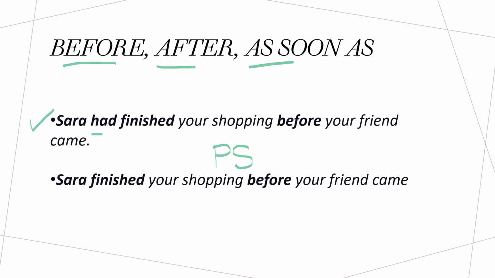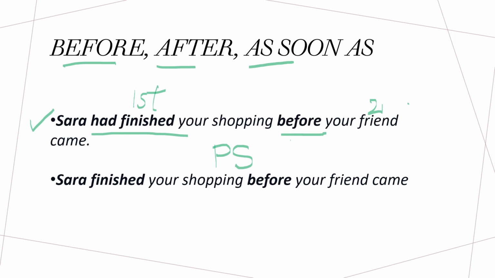So Sarah had done the shopping first. This is the event which happened first, and then the friend came. But because the time relationship between these two past events is clear, and how is it clear? Because we are using before. We are telling that she has done it before that. So there is no ambiguity. It's very clear from the word before.